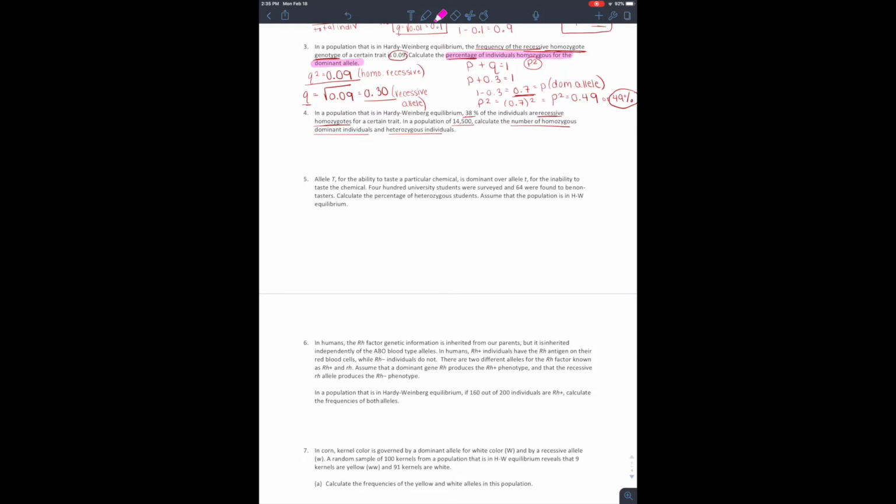They want to know how many individuals in this population are homozygous dominant and how many are heterozygous individuals. So it doesn't want to know what's the percent of being heterozygous. It wants to know how many specifically. If I were to count out in this population of 14,500, how many are going to be homozygous dominant and how many are going to be heterozygous?